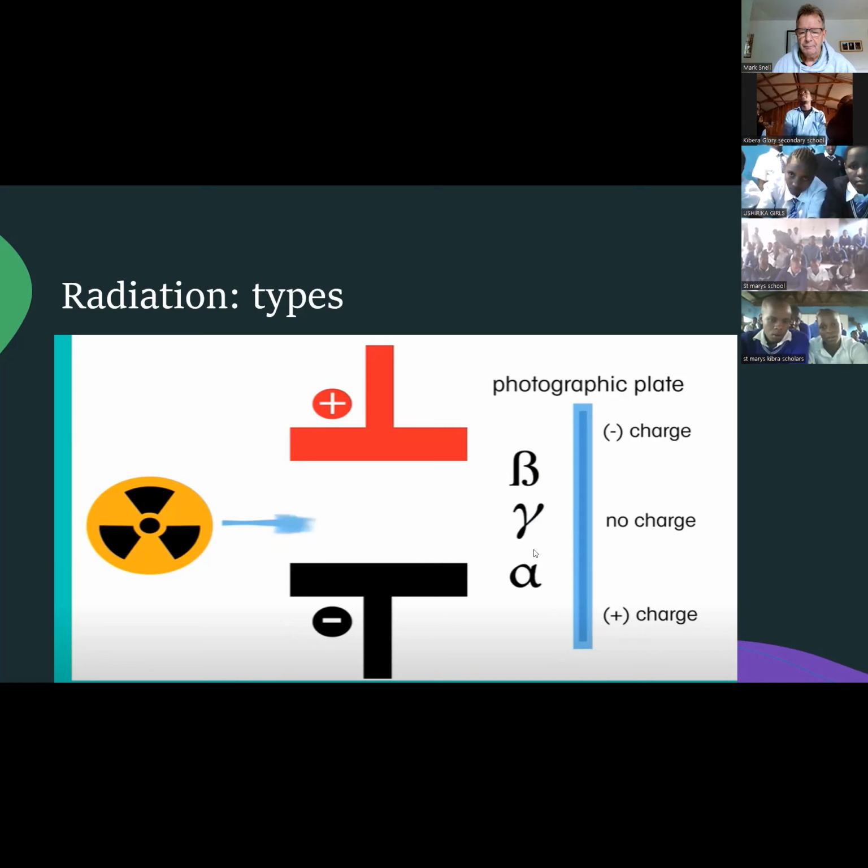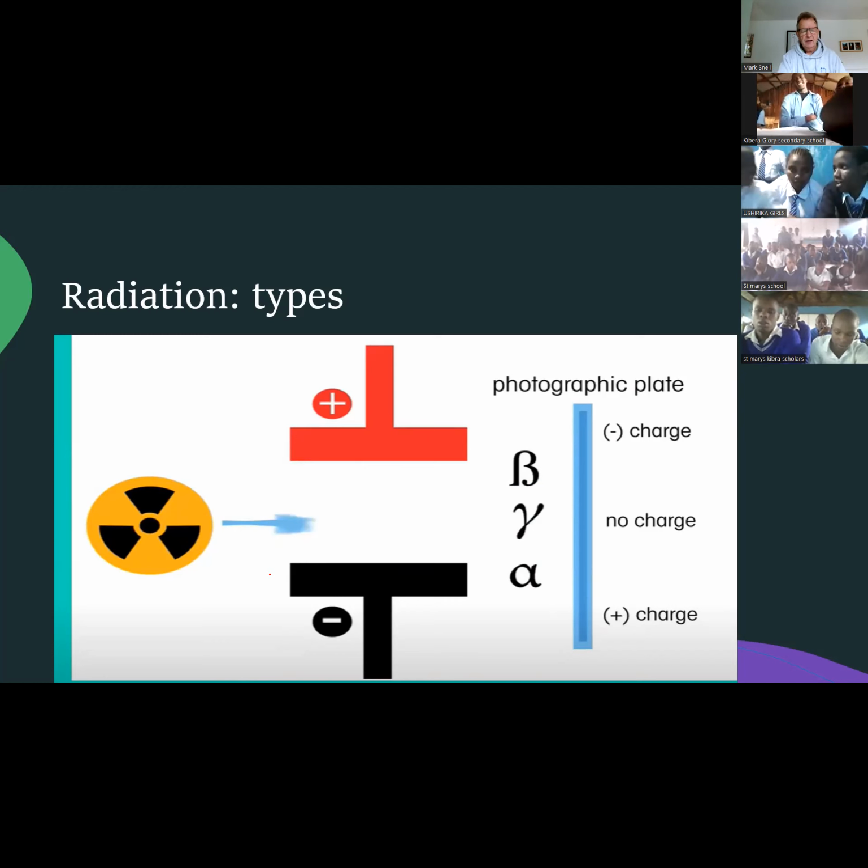Alpha are positively charged and move towards the negative. Beta are negatively charged and move towards the positive. And the gamma, which are not particles, which are rays, just go straight through. Okay, I hope that's okay with everybody there. That hopefully will make sense.